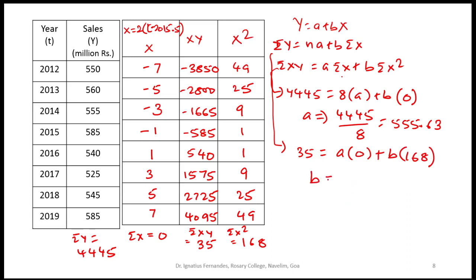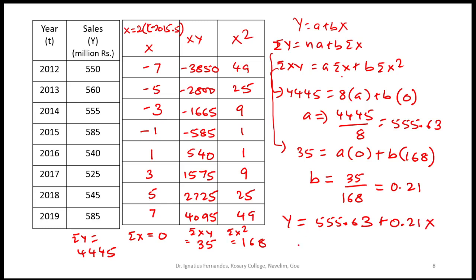So this will give me the value of b. It is 35 upon 168, and that is equal to 0.21. So I got a, I got b, so I can write the equation of the line. It is a, that is 555.63, plus b, that is 0.21 into x.